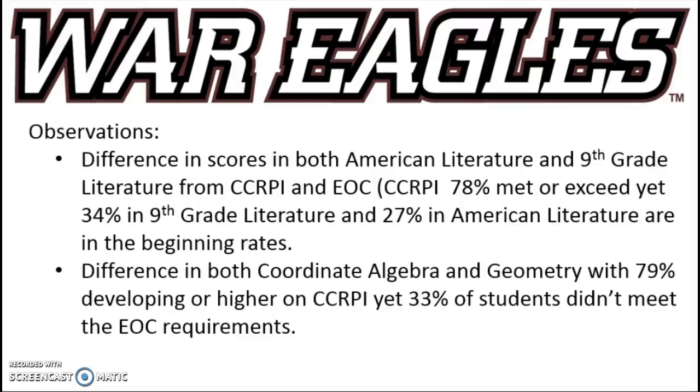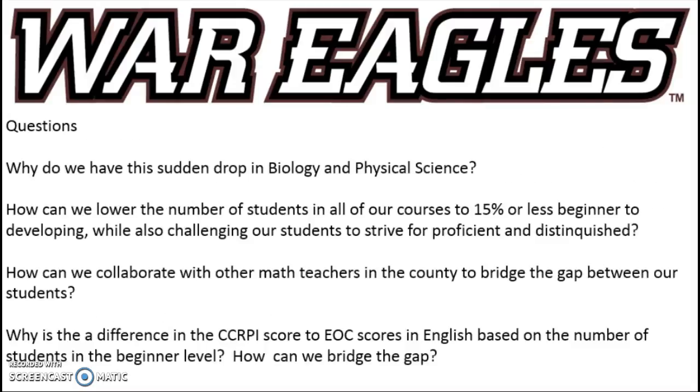We need to figure this gap out. Why is there this huge gap? Finally, the difference in both coordinate algebra and geometry, with 79% developing or higher on the CCRPI, and again, 33% of students didn't meet EOC requirements. So again, you need to look at why this data is showing such discrepancies.